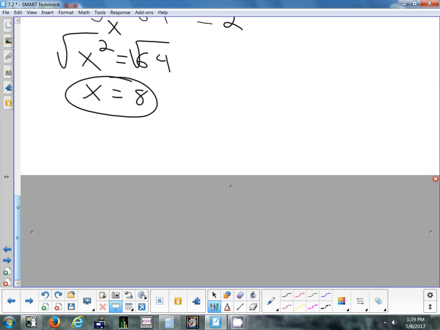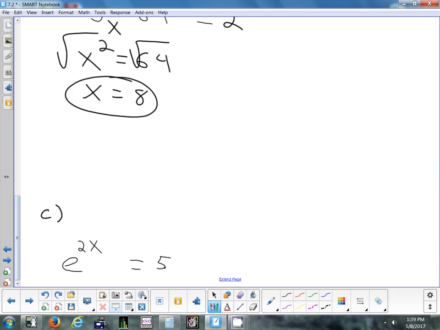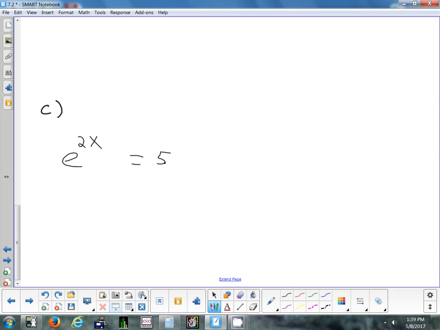All right, last problem. What's different about this example compared to the 2 we just did? This one's totally different. Okay, it's got e in it. What else about the setup of it?